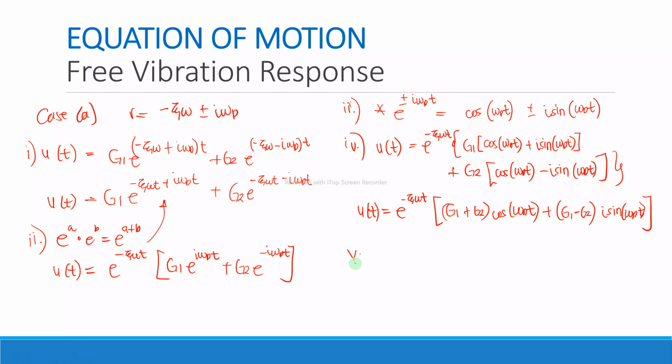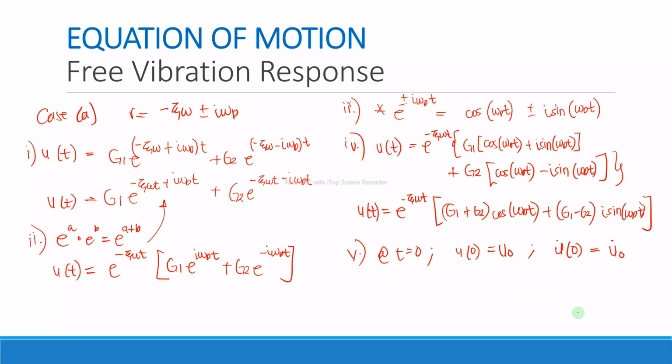So same application as before. At t equal to 0, our deformation at 0 is equal to u naught, and our response velocity u dot at time equal to 0 is u dot naught.